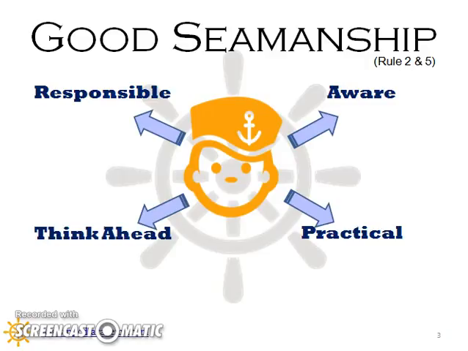Next, good seamanship will require you to be aware of the situation. They have all the rules, but you need to be aware of the current conditions that you are in, because you can't just apply the rules as they are.